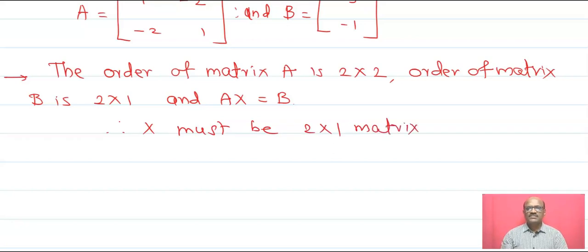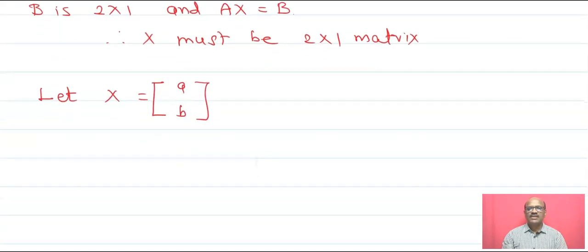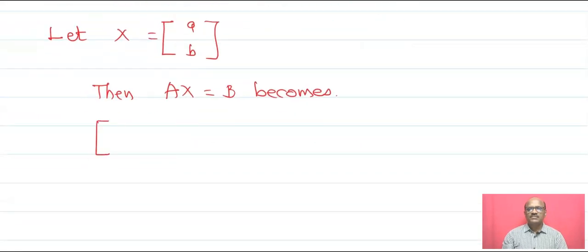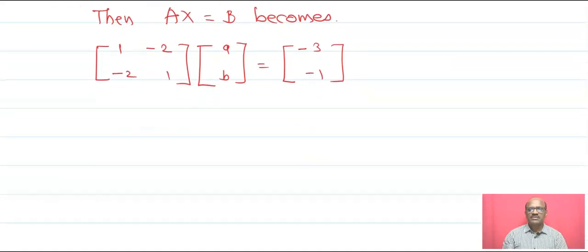Now next is, let X be a column matrix with entries a and b. Then AX is equal to B becomes 1 minus 2, minus 2 1, times a b, that is equal to B matrix, that is minus 3, minus 1.